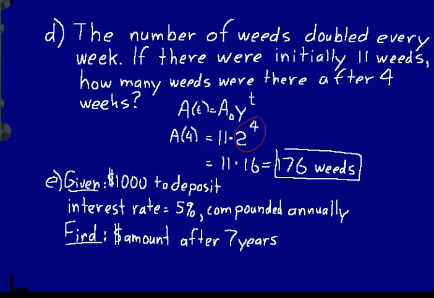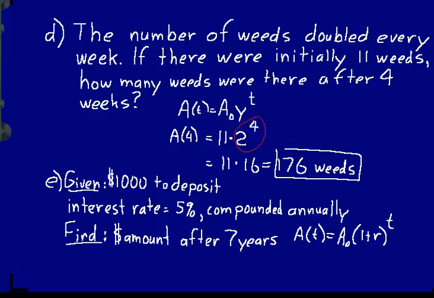Now when you see those words compounded annually, that's a key to tell you to do the interest formula, A of t is equal to A sub 0 times 1 plus the interest rate to the t power. So those words compounded annually tell you to use that function. What that means, compounded annually, is that the interest rate is added on at the end of each year.